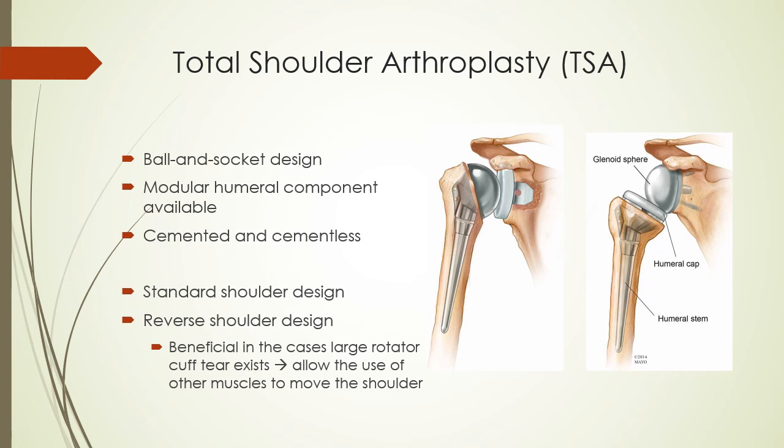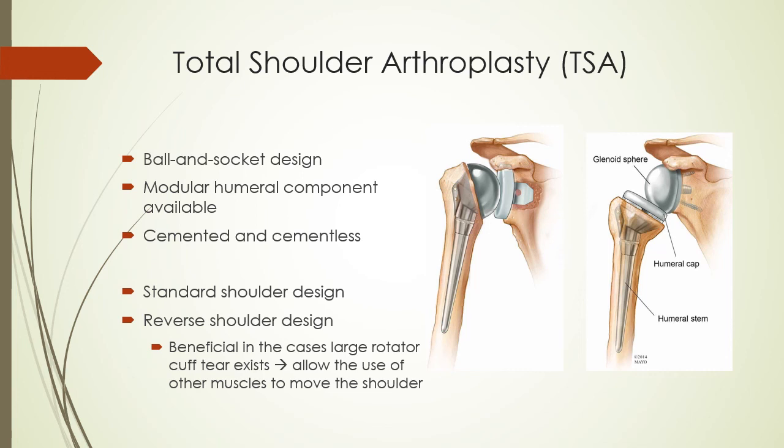First of all is the standard shoulder design, as you see in the left image. Typical ball and socket, similar to hip. Also, it has another school, the reverse shoulder design. That's the figure on the right. So you can see the ball and the cup actually flip their locations.